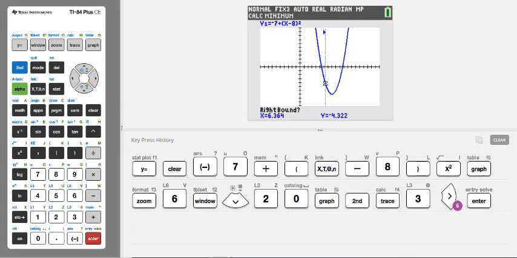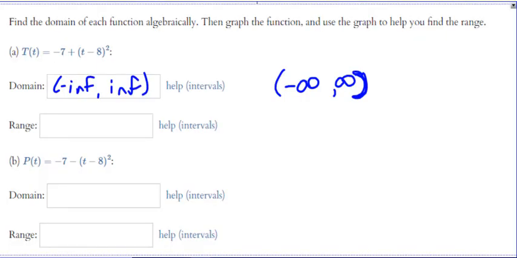Be on one side of that, and then I want to go to the other side. Okay, right there. And again, folks, that left and right boundaries encapsulating that. I hit enter again. It tells me that my minimum value is -7. So the lowest point, y value, is -7. The highest point is infinity.